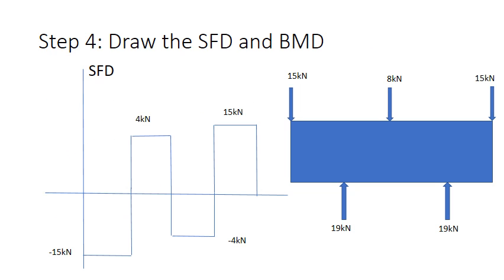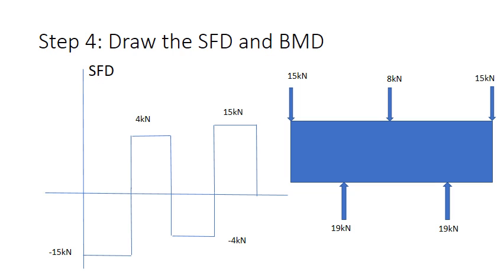Here, to draw the SFD is quite simple. We just need to graph from the FBD. So first there is a force of 15 kN, so we need to draw from 0 to minus 15, and then it will stay there until it touches point C, where there is the force of 19 kN, so it will go up.